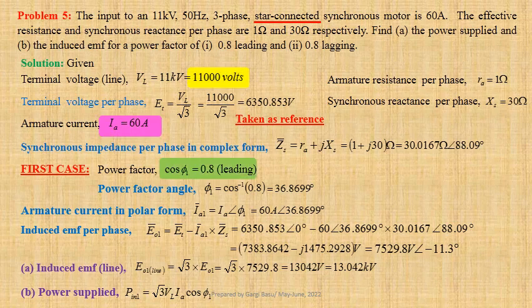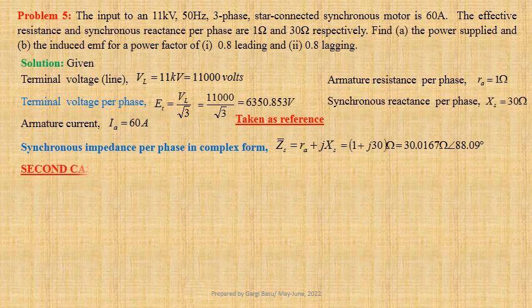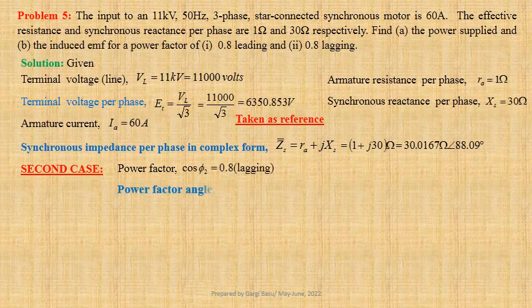Using values we get √3 into 11,000 into 60 into 0.8, that gives us 914.5228 into 10 to the power 3 watt, or 914.5228 kilowatt.